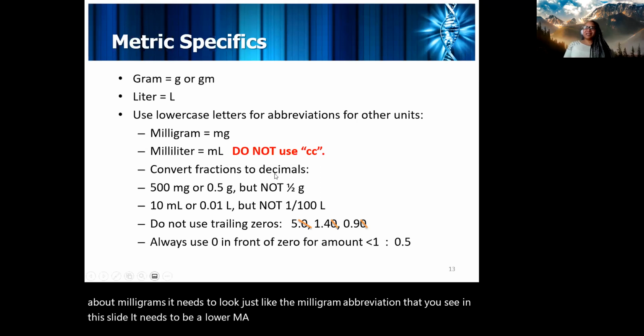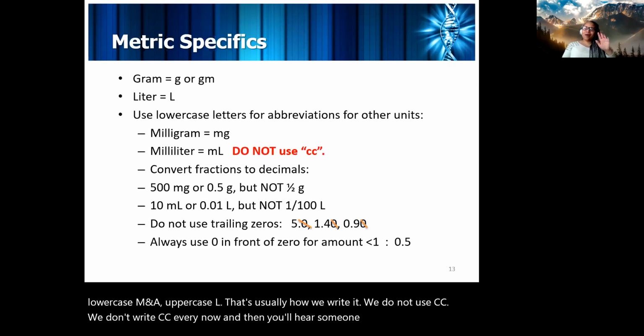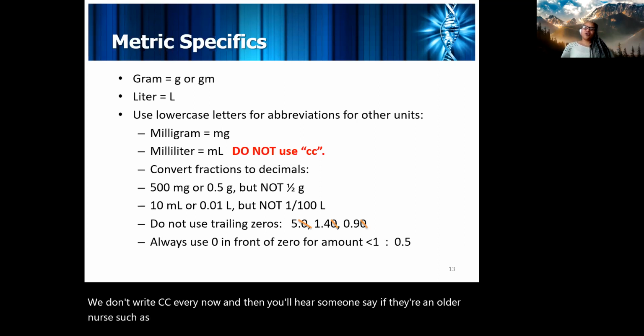Now with milliliters, you see how I have a lowercase m and an uppercase L. That's usually how we write it. We do not use cc. Every now and then you'll hear someone say, if they're an older nurse, such as myself, you will hear them say 10 cc's.